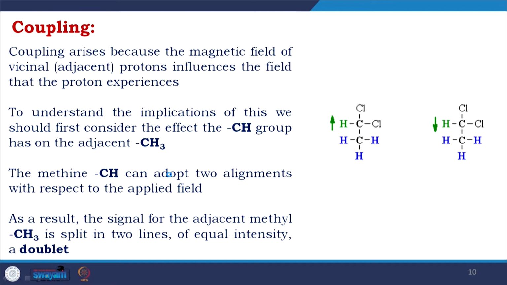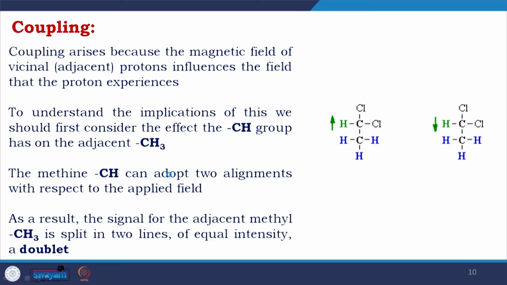So, we are talking about this, the CH3 CHCl2. To understand the implication of this, we should first consider the effect the CH group has on the adjacent CH3. The CH can adopt 2 alignments, alpha and beta, with respect to the applied field. As a result, they will give a doublet.